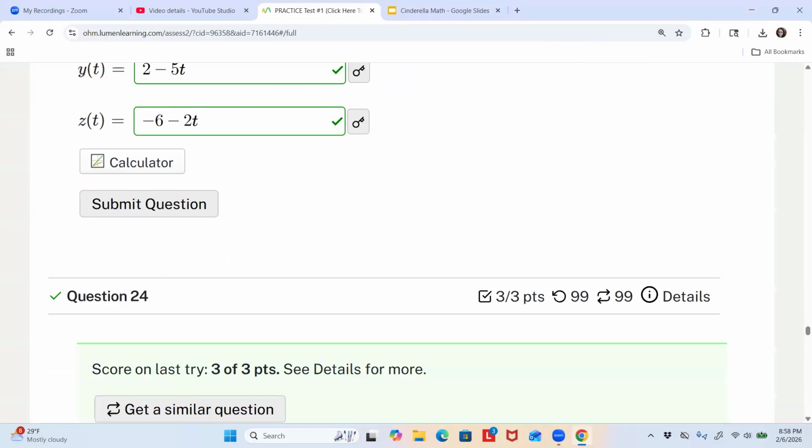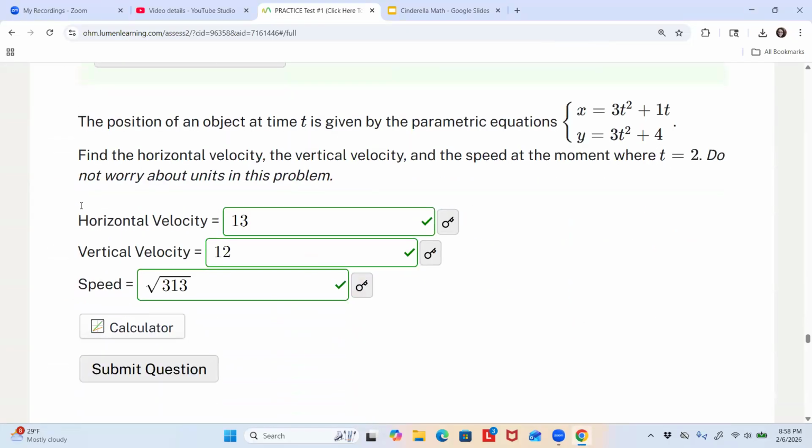Alrighty. 24. The position of an object at time t is given by the following parametric equations. Find the horizontal velocity, the vertical velocity, and the speed where t equals 2. All right, so if you kind of think of graphing, x is your horizontal axis, and then the velocity is the derivative of the position, right?